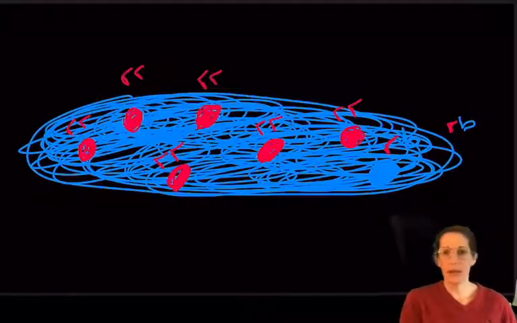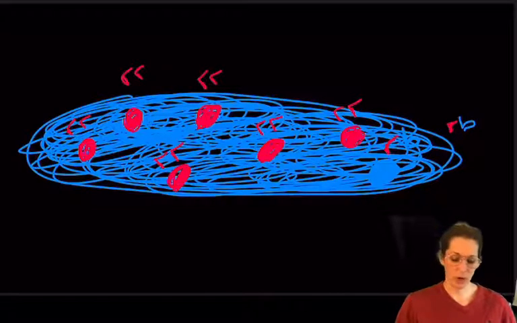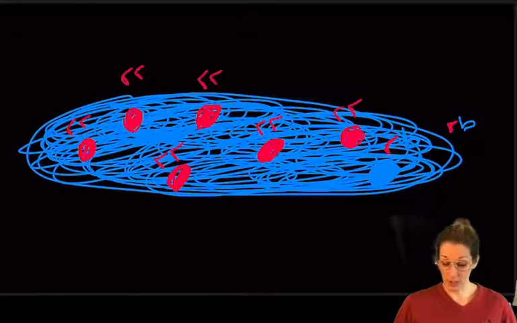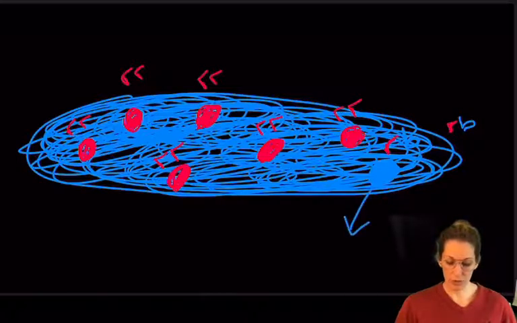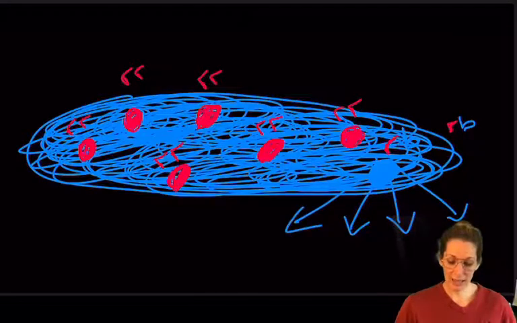So if we just think about in this generation, what's going to happen with regard to predation? Well, the blue individual is very, very, very likely to survive and reproduce. And it's going to pass on to at least some of its offspring that B allele, right?